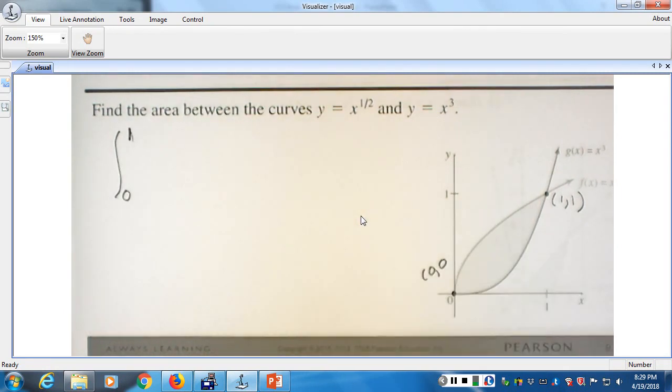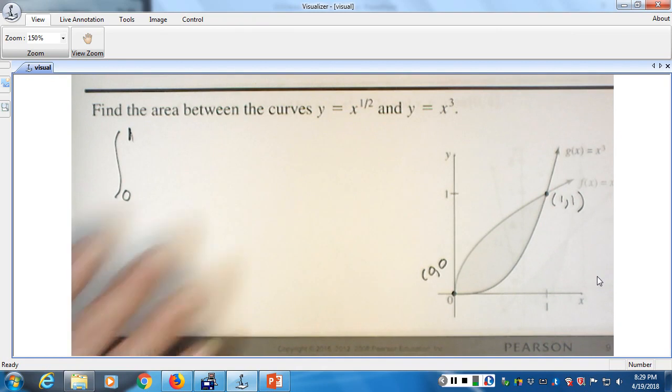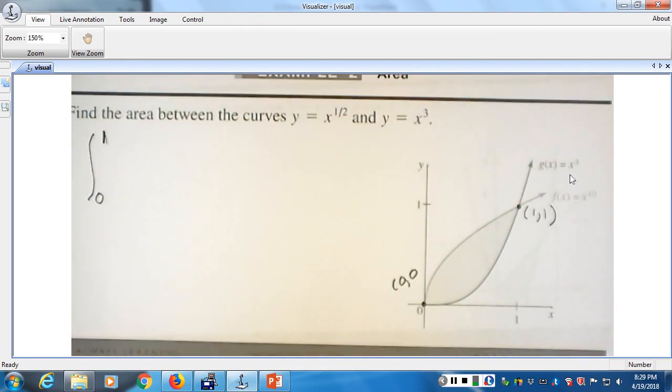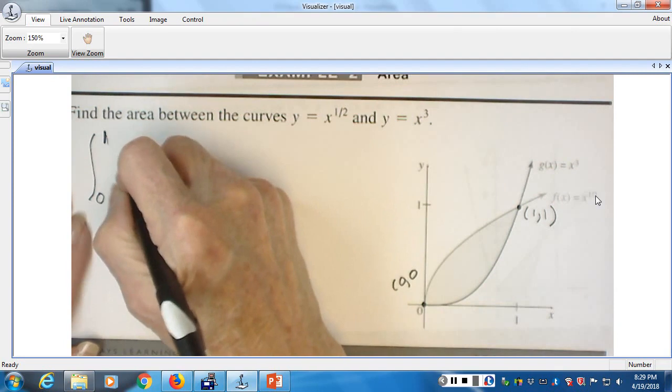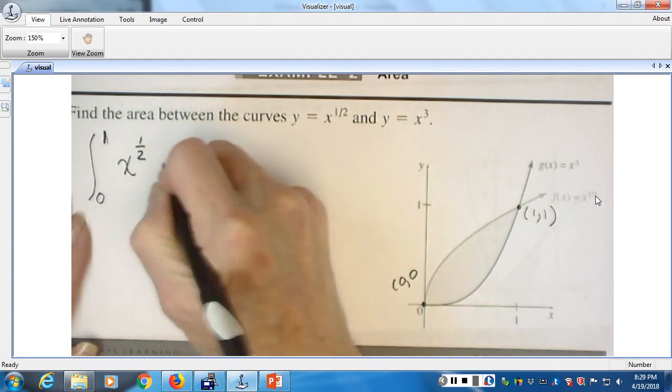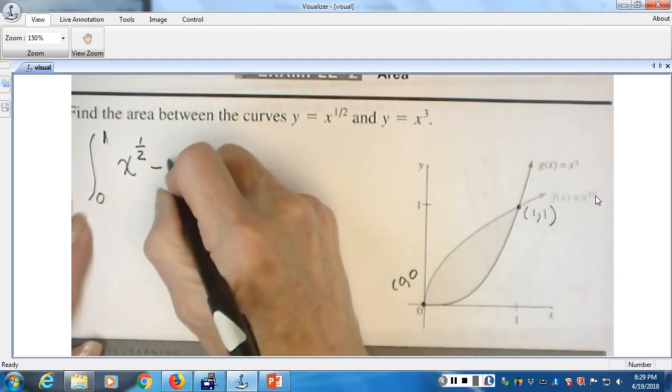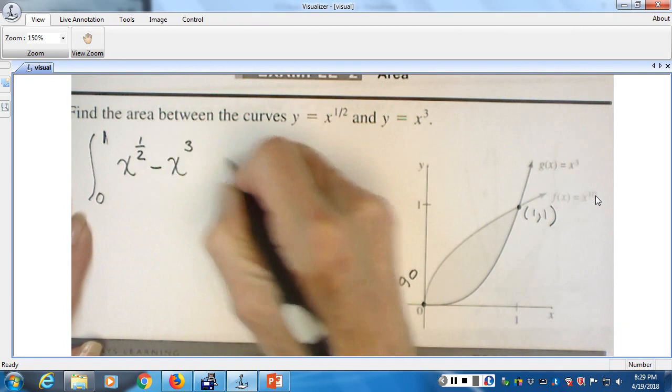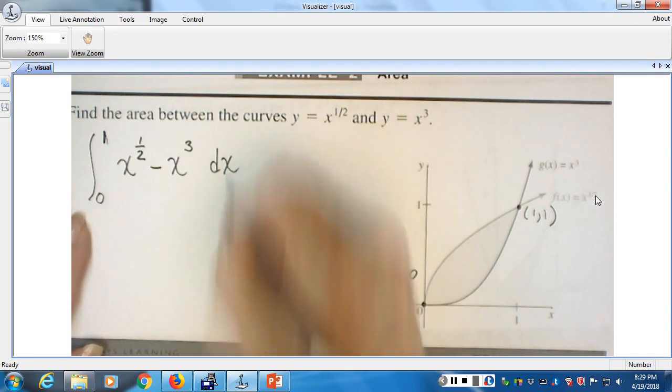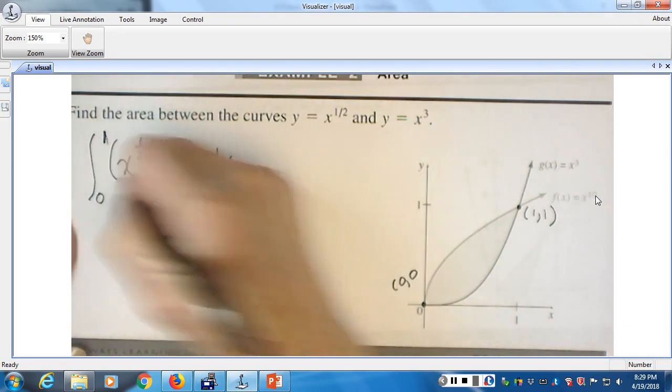And then looking at the graph, we notice that the one that's always on top is x to the 1/2. So that's the integral that we're going to do.